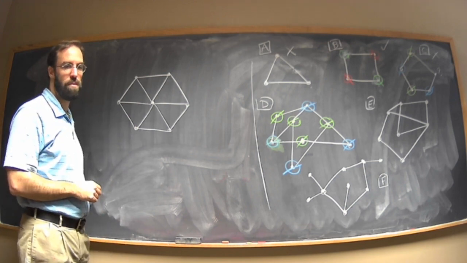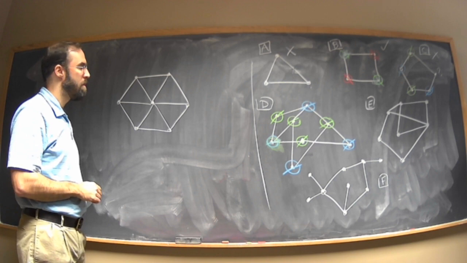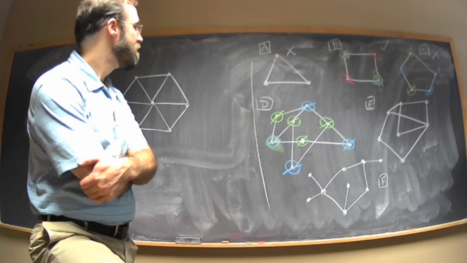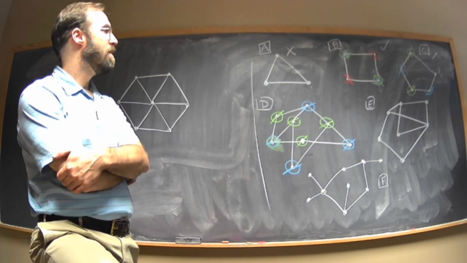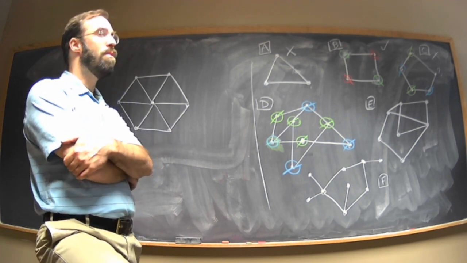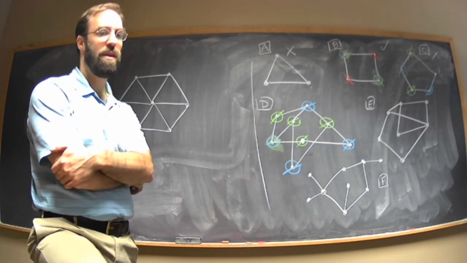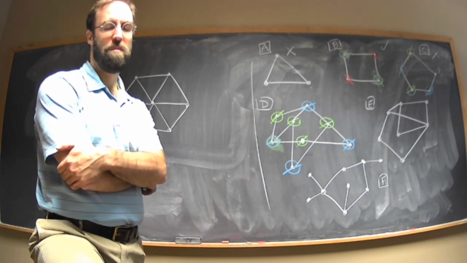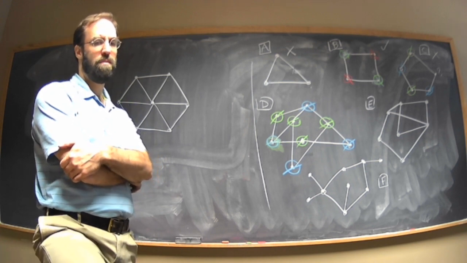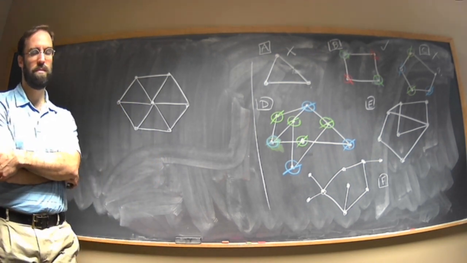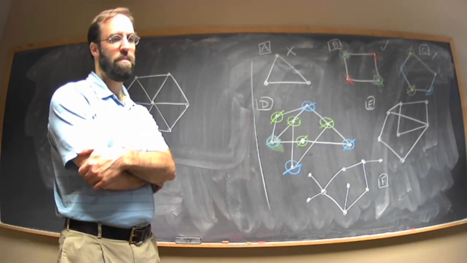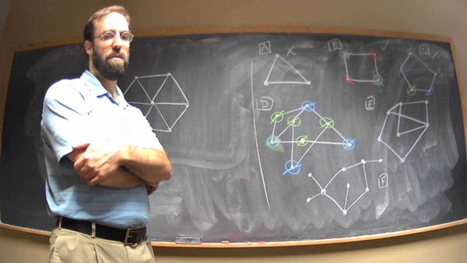So other thoughts? Either ideas for a graph that has all even length cycles but is not bipartite, or an intuition or argument why that's not possible. Maybe we should just take a vote.